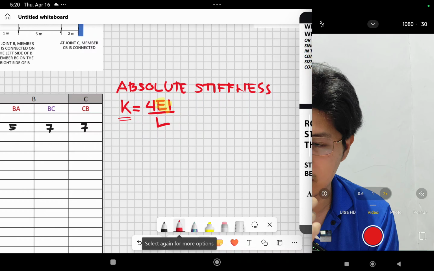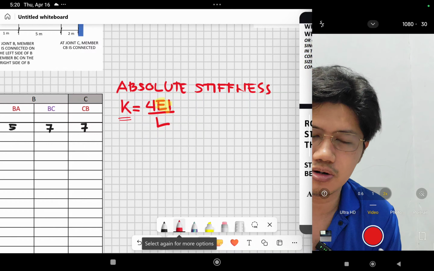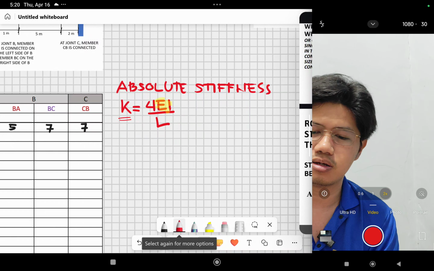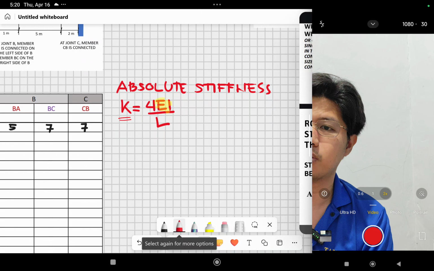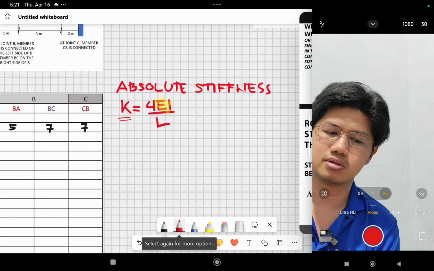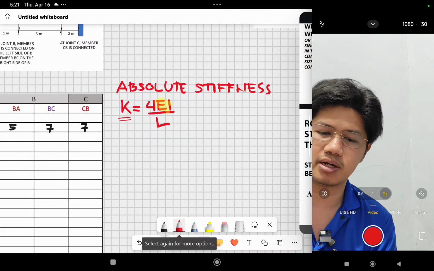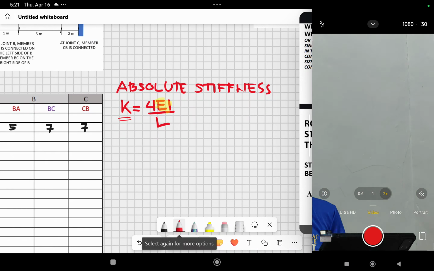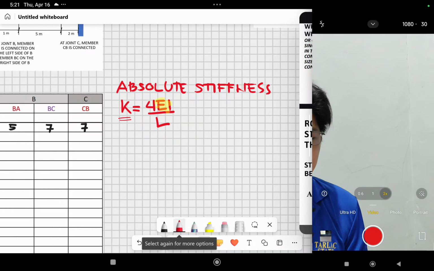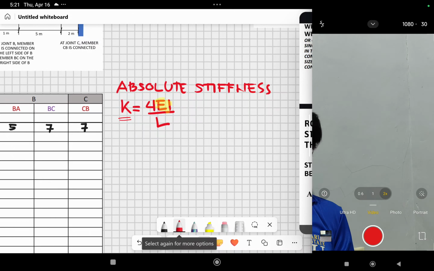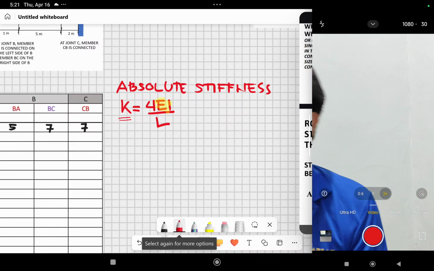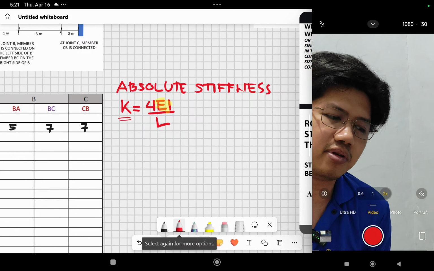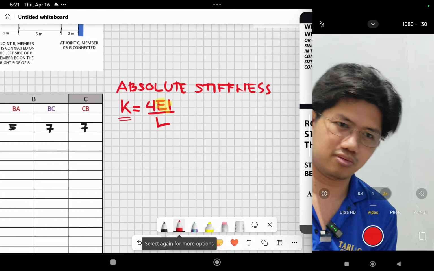E is the modulus of elasticity, which is dependent on what type of material you have used, and I is the moment of inertia, or how large the size of your beam is.